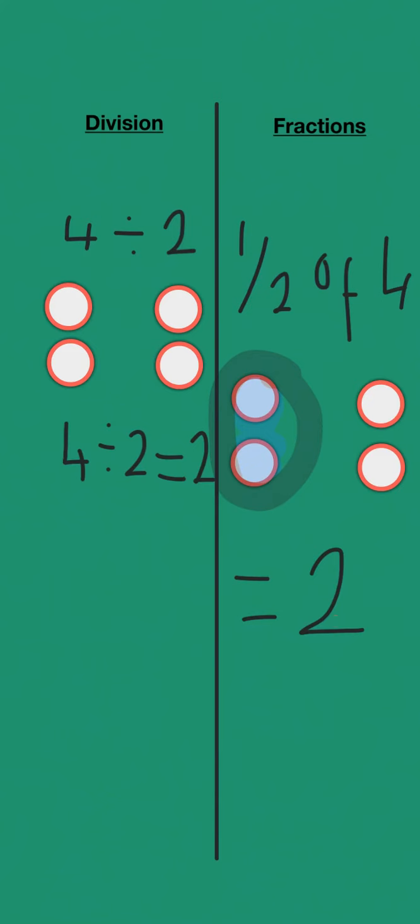This is because when we divide, we are sharing a number, splitting a number into equal groups. When we find a fraction of something, we are splitting the number into equal parts. So when you find a fraction of a number, you are dividing the number by the denominator because you're sharing this number into 2 equal groups.